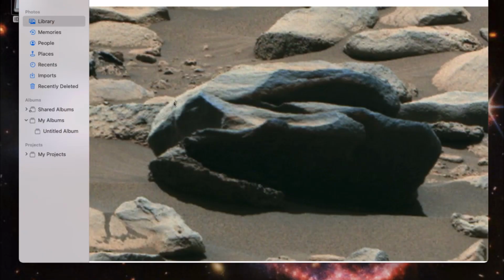Which would be preserved with the cryopreservation over time, of course. Interesting wrinkles here as well, which could be indicative of some type of skin cover, hairy skin cover. Or you can see the intricate designs and shading.